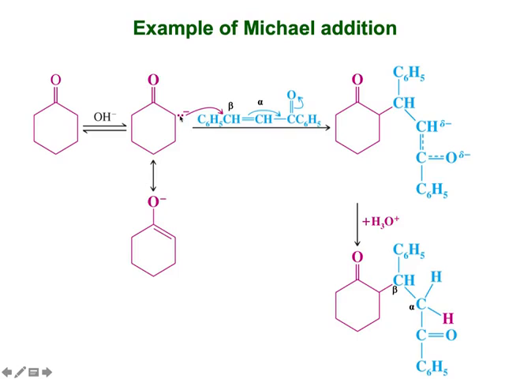The nucleophile will attack this beta carbon, so the electrons move to here and move to here to form the 1,4 addition. So your end product becomes this one.